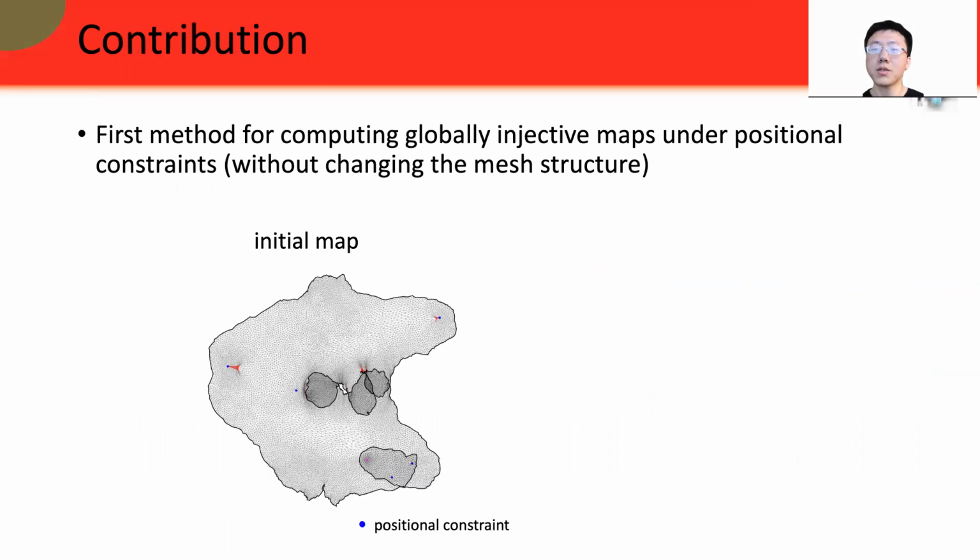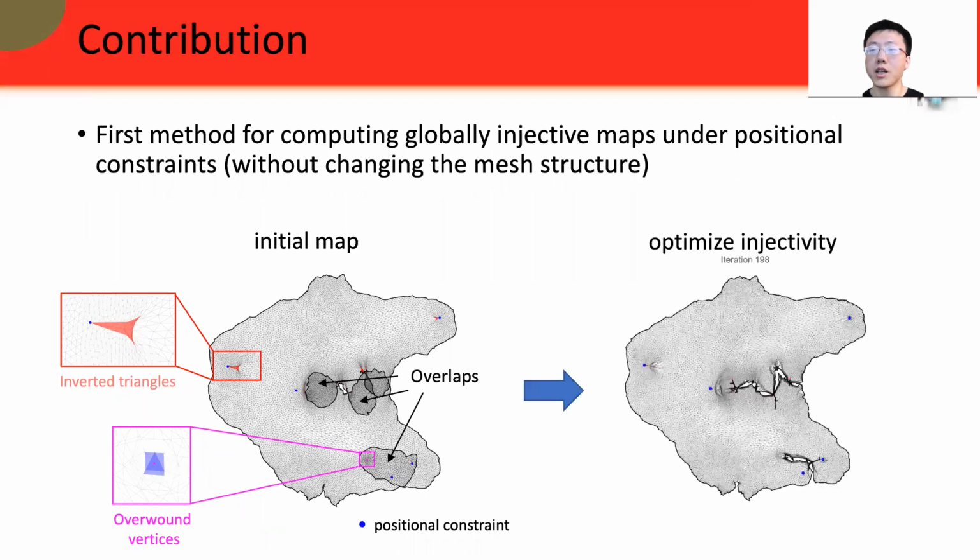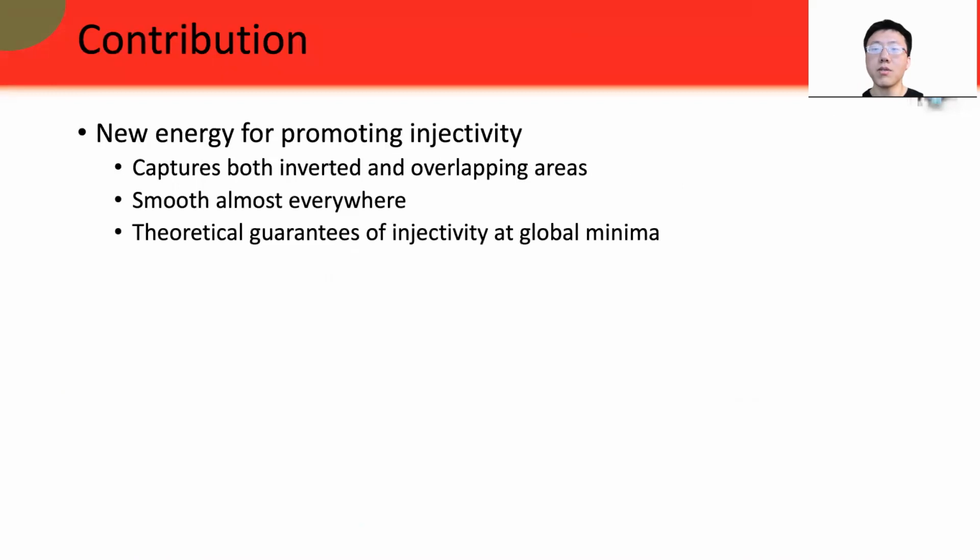Our method starts from an initial map that may contain various artifacts, such as inverted triangles, overwound vertices, or even global overlaps. By optimizing an energy, our method produces a globally injective map while satisfying the positional constraints. The core of our contribution is a new energy whose minimization promotes injectivity.